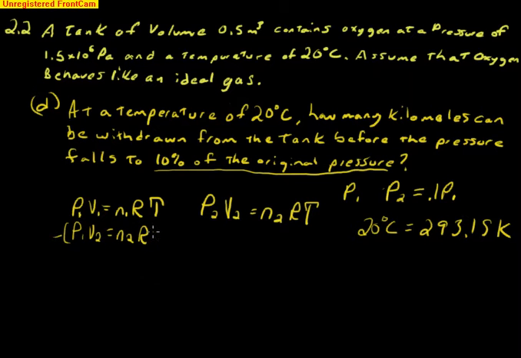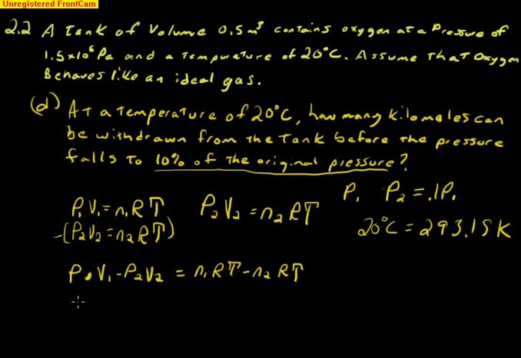We're going to subtract these two things. What does that give us? It gives us, whoops, this should be a 2 here, shouldn't it? That gives us P1 V1 minus P2 V2 is equal to N1 RT minus N2 RT.